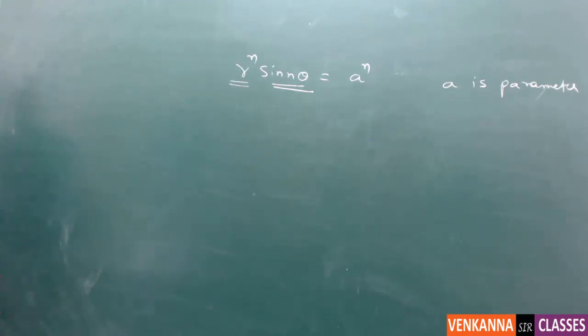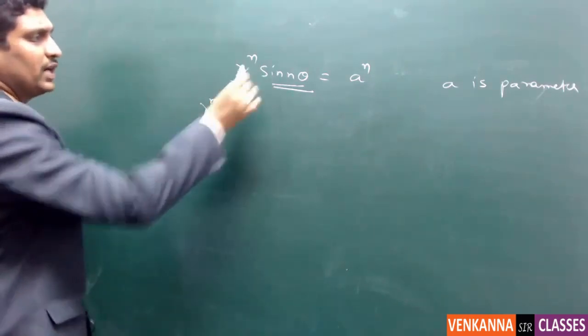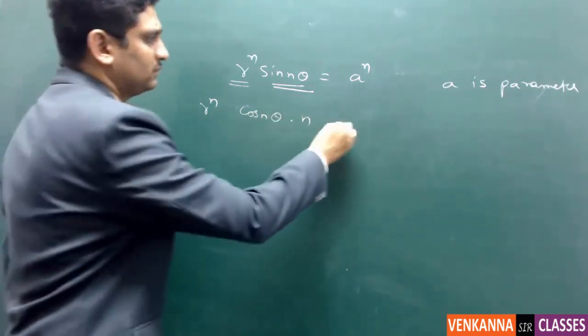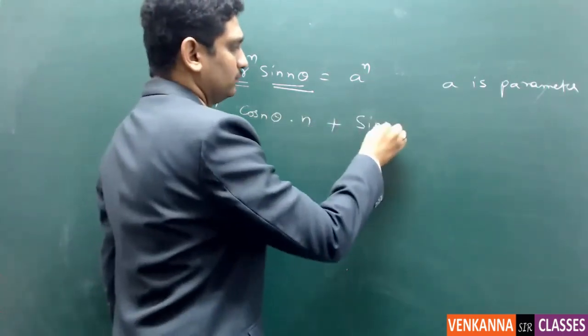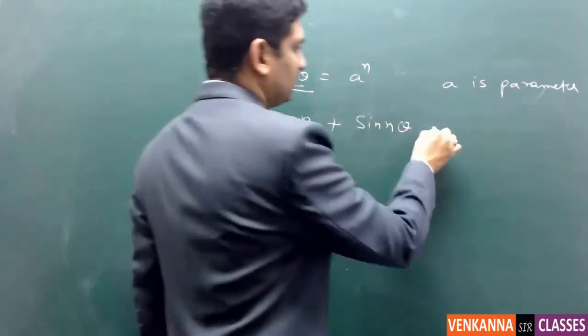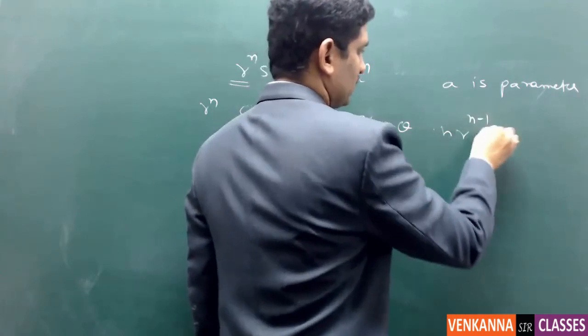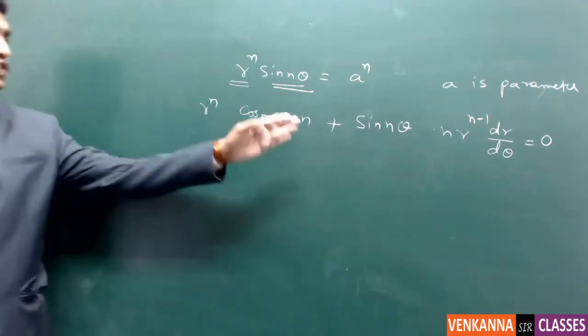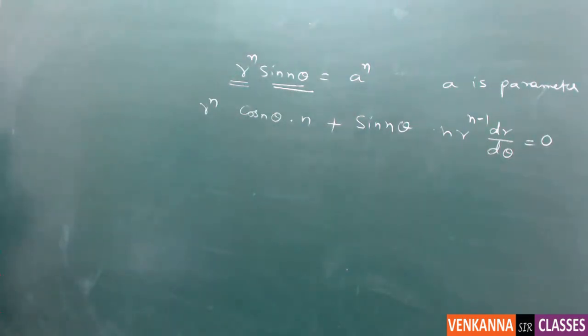If you go for differentiation, r power n into cos n theta into n, plus sin n theta into n r power n minus 1 into dr by d theta, equals 0. So this is the differentiation part. Please check. So this is one kind of differentiation.